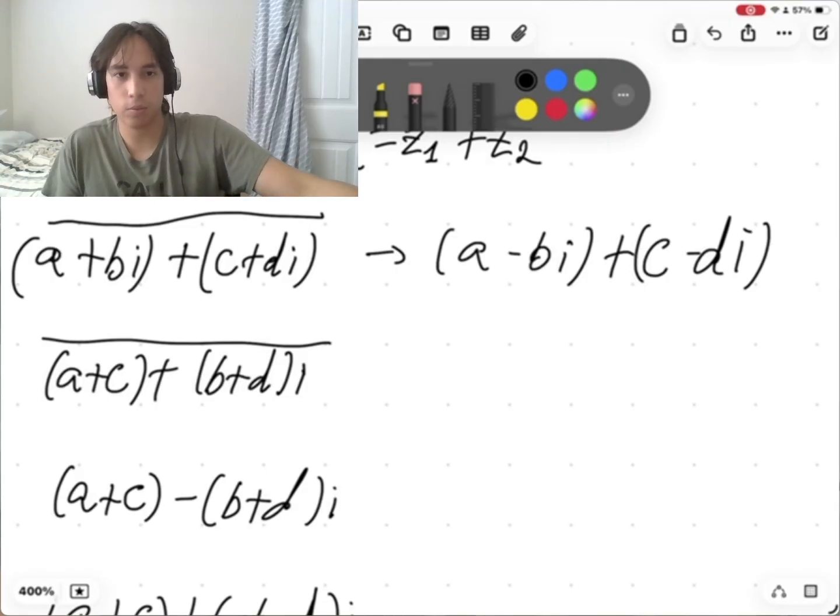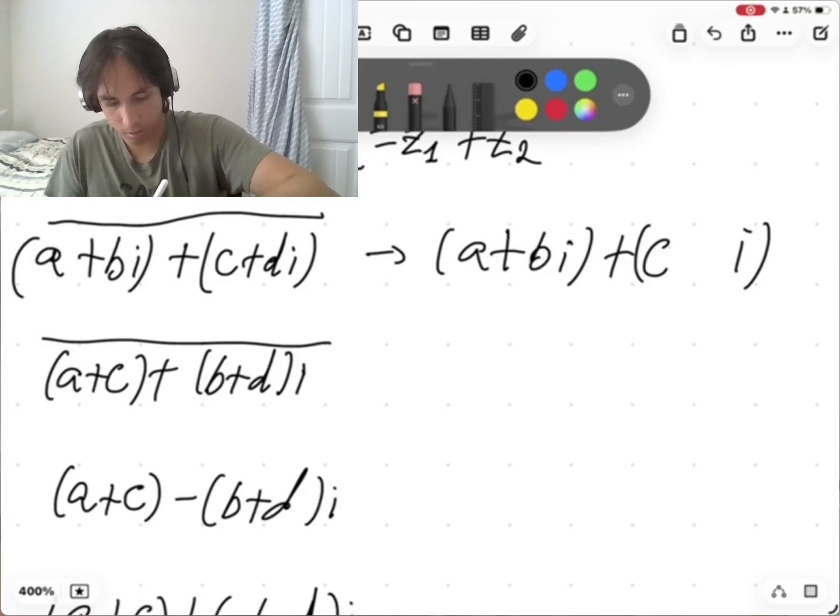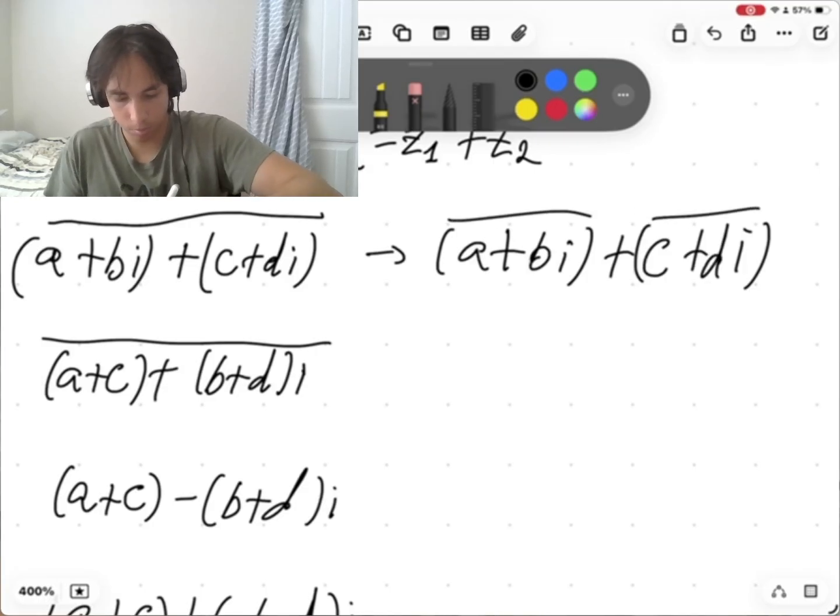Actually, I think that's the only way we can get to... Hold on. This is a plus c, plus b plus d. Boom, boom.